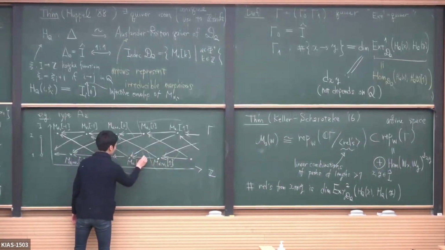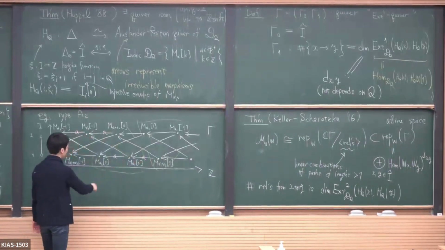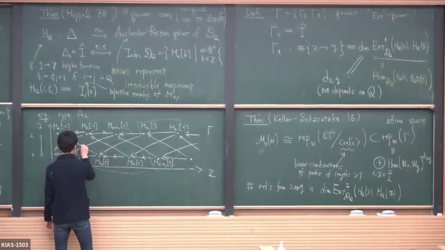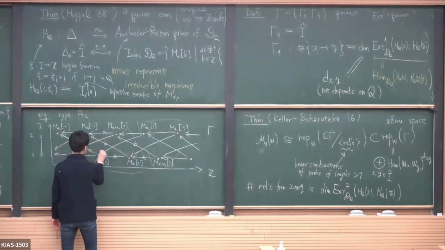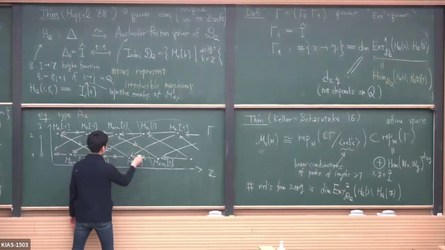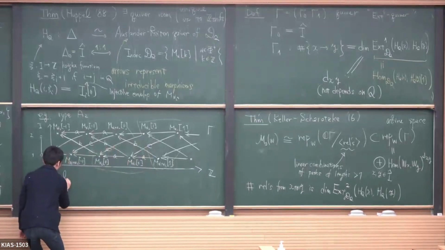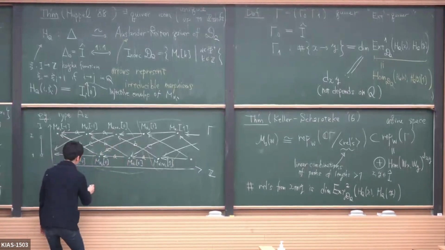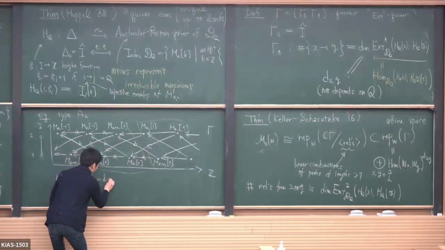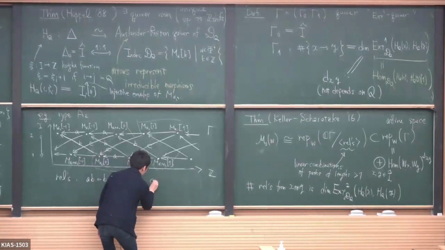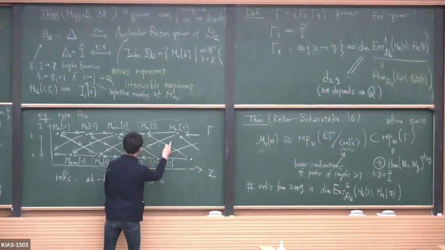We denote this horizontal arrow by A, and the oblique arrows by B and C. The relations are given by, for example, AB equals BA, CA equals AC, and the cube of A equals BC.